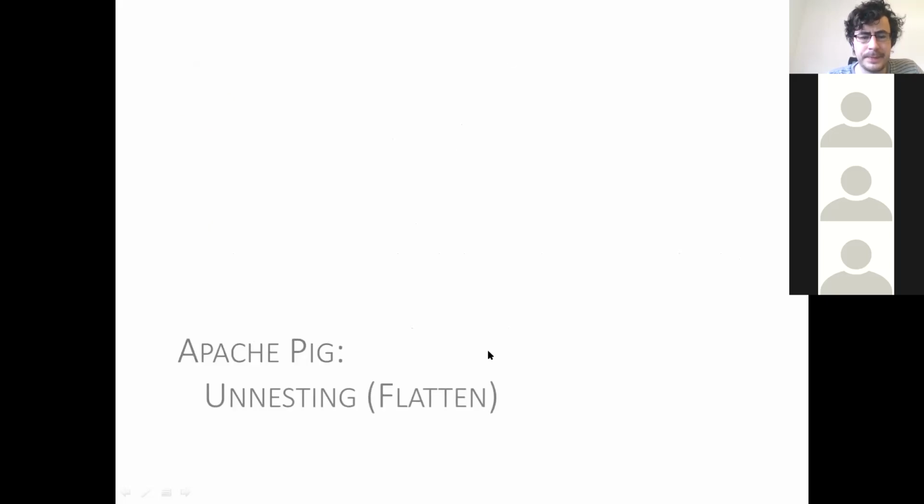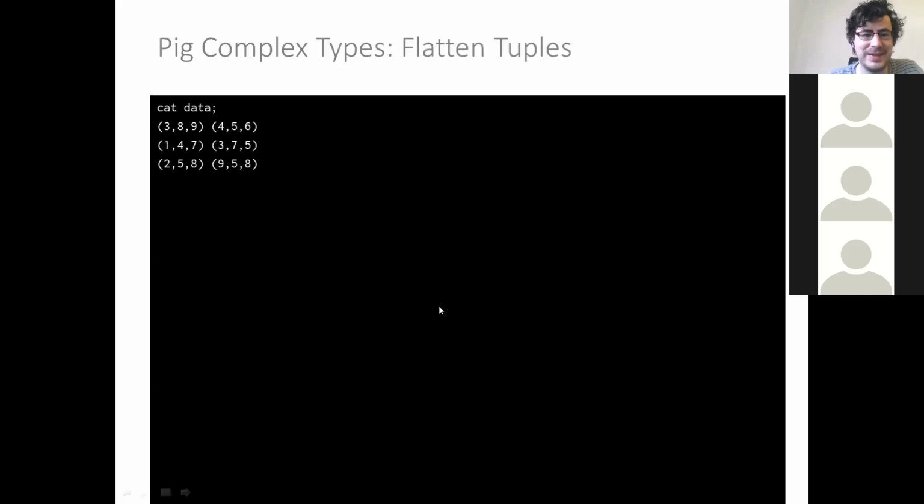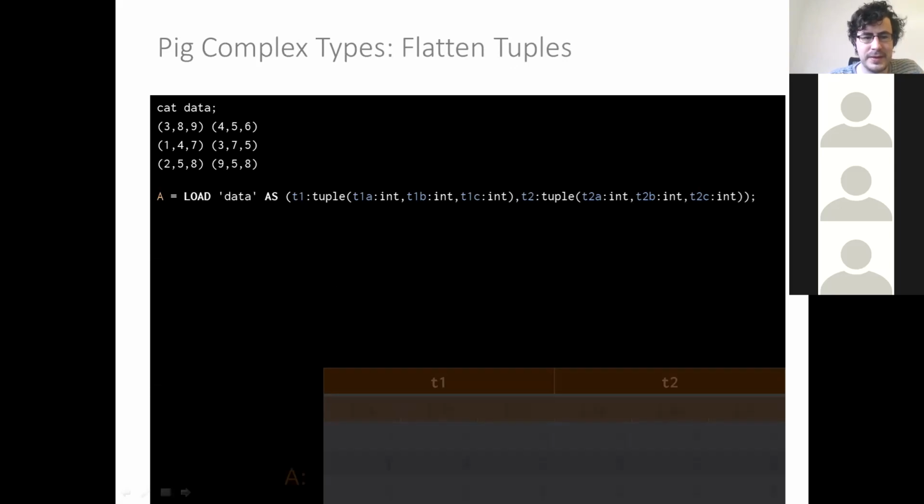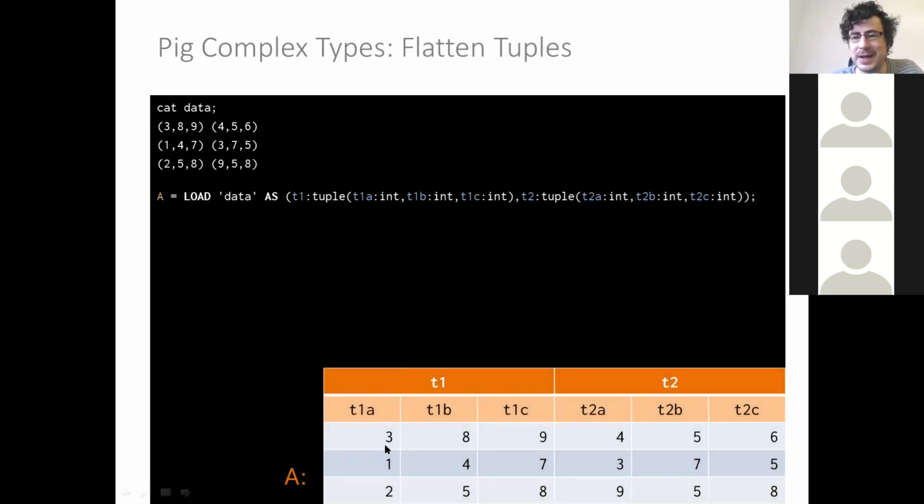So the next thing would be, okay, let's say we have bags and we have tuples and we just want to get back to a simple relation, right? How do we do that? There is a concept in Pig called flatten. So how flatten works is, let's say we have just this base data here where we have two tuples. What if we wanted to get back to a simple relation? This is how it looks in Pig.